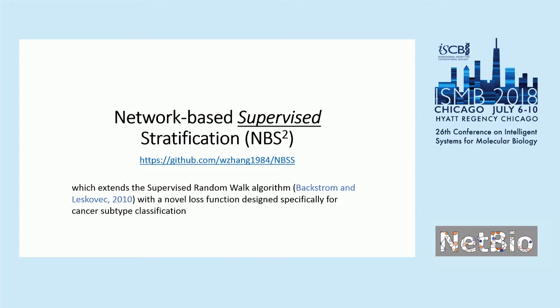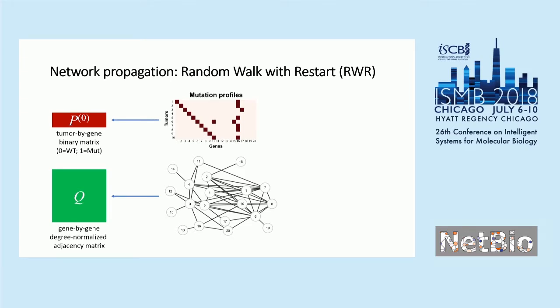This method extends the existing supervised random walk algorithm with a novel loss function designed specifically for cancer subtype classification. Like many previous similar methods, this algorithm also uses network propagation, which is based on a random walk with restart model.